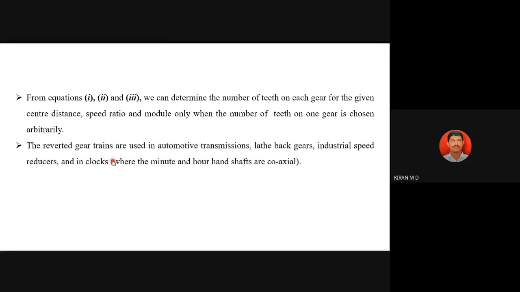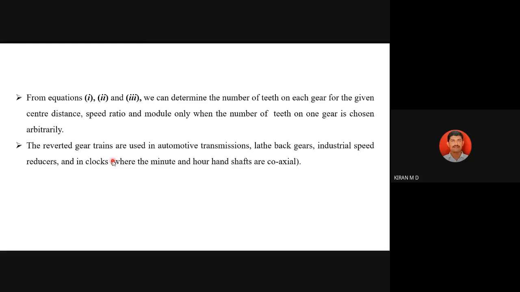Reverted gear trains are used in automotive transmissions, lathe back gears, industrial speed reducers, and in clocks, wherein the minute and hour hand shafts are coaxial. Is it clear?